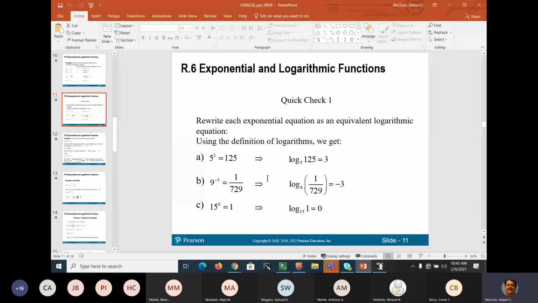But anyway, let's take log base 5 of 125 is equal to 3. Let's write that one down. Log base 5 of 125 is equal to 3. Now, we're going to use the definition of a logarithm.